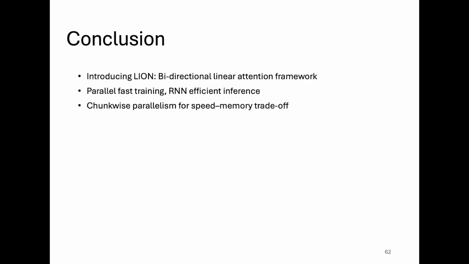So as a conclusion, we focus in this study on bidirectional linear transformers, since the causal direction of linear transformers has already been studied and is an active research area. We also want to point out that in so many tasks we have bidirectional linear attention, so how can we gain from the speed, memory, and chunk-wise form of this family of models?